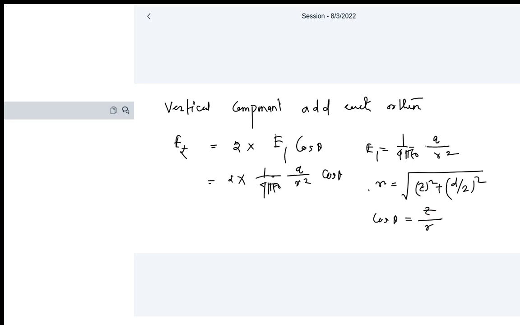So if we substitute all the values, the magnitude of the field E equals 2 upon 4 pi epsilon naught Q upon R square, and cos theta is nothing but Z upon R, and the direction is along Z cap, from the configuration. Okay, fine.